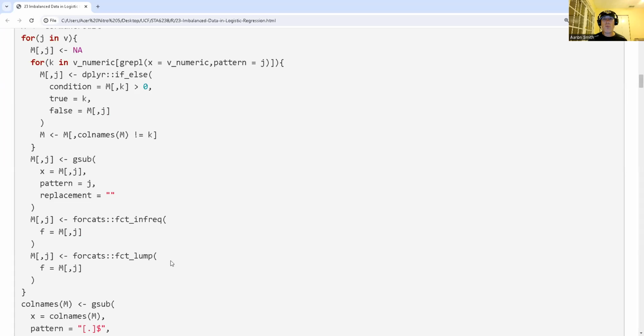This will help prevent overfitting by making sure that I don't have a bunch of sparse dummy variable columns. Remember, the more predictor variables I have, the more prone to overfitting I am. Because of that, I don't want a bunch of extra sparse dummy variable columns floating around.